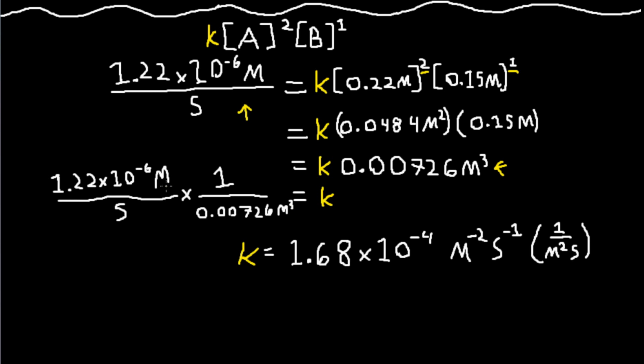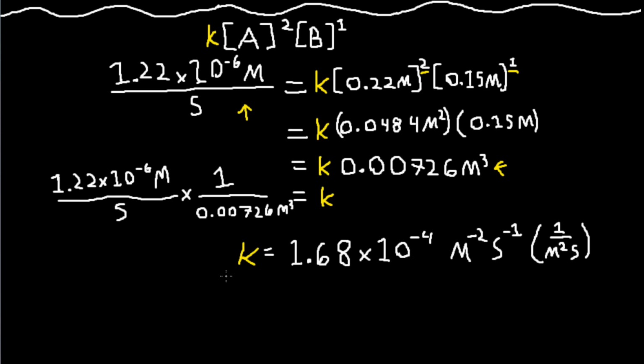So when you multiply, your units will be 1 over S, so S to the negative first power, and molarity over molarity to the third power. So that'll make it molarity to the negative 2. Then when you divide the actual numbers, it gives you 1.68 times 10 to the negative 4.